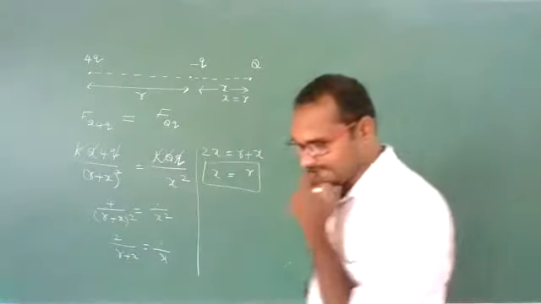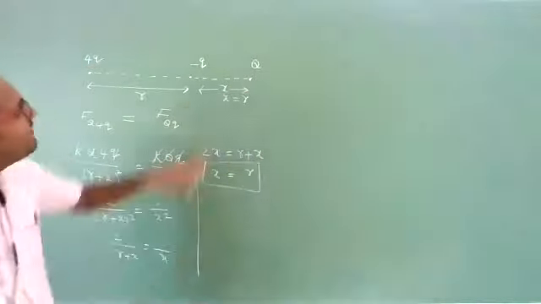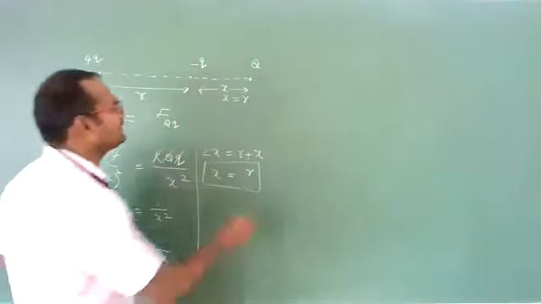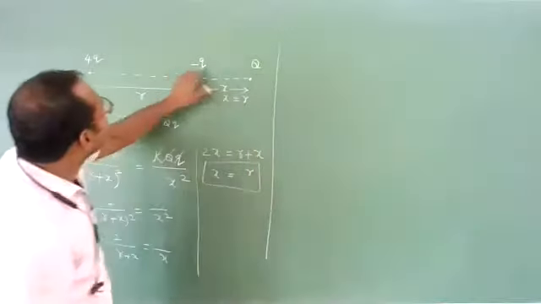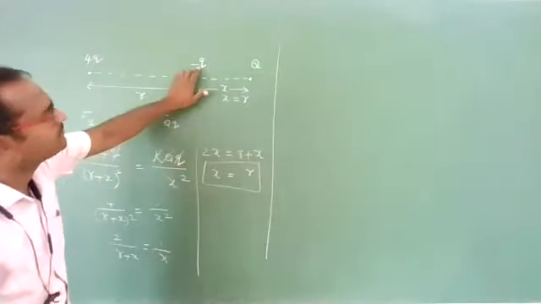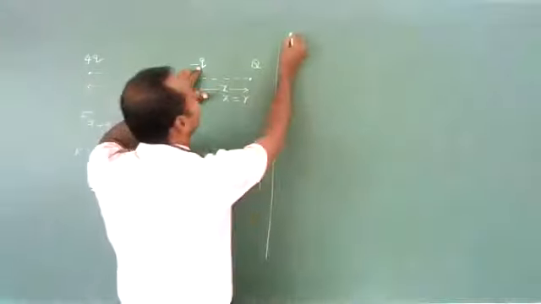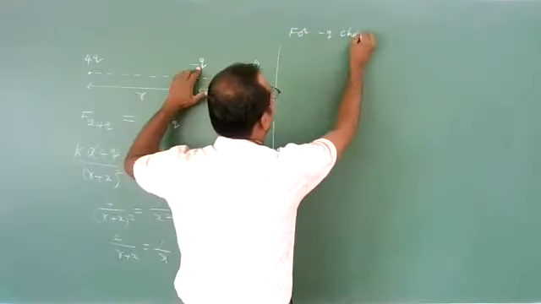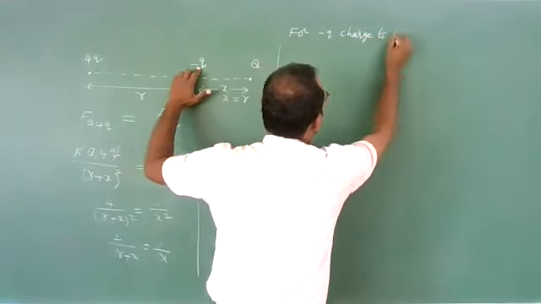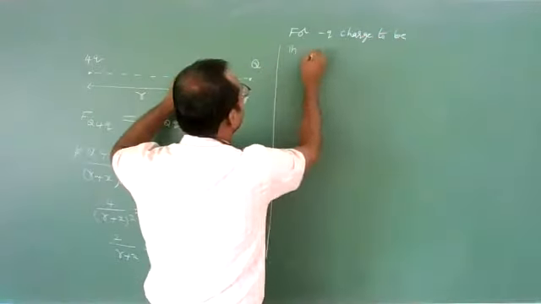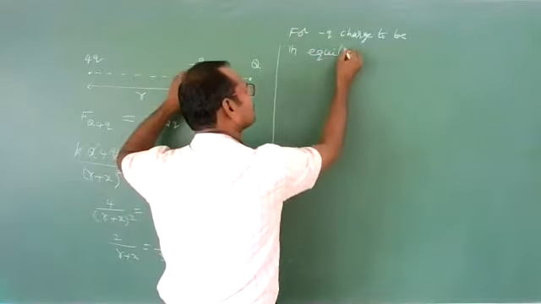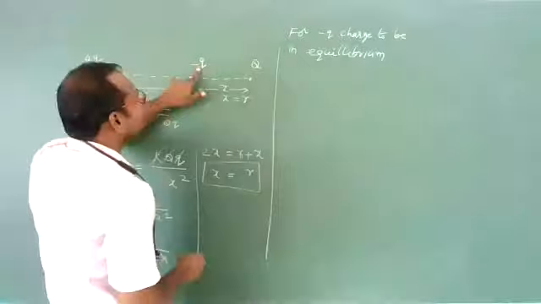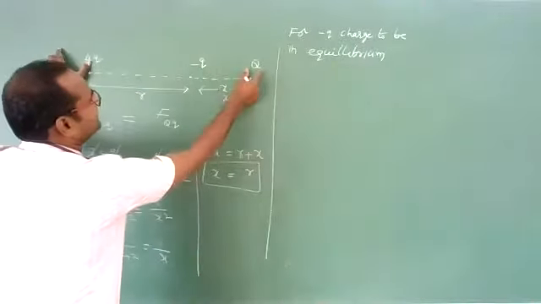Now what do we need to find? The value and the nature of this charge. For that, check the equilibrium of any one of the charges. Let us check this charge. For the minus q charge to be in equilibrium, these two charges exert force on it.